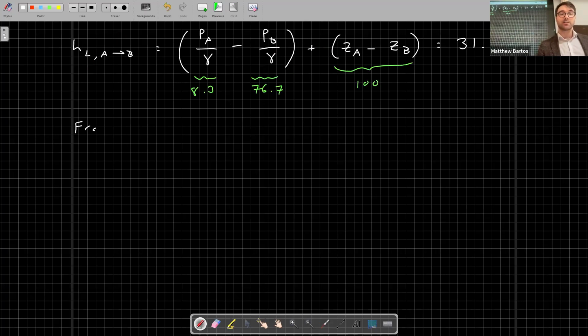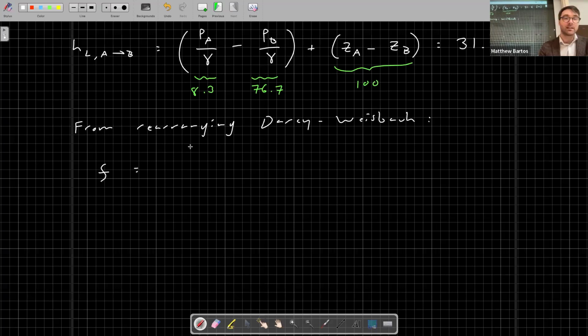So from rearranging Darcy-Weisbach, we have that F is equal to 2 times the acceleration due to gravity times the diameter divided by the length of the pipe delta X divided by U squared, all times the head loss from A to B, which is known.